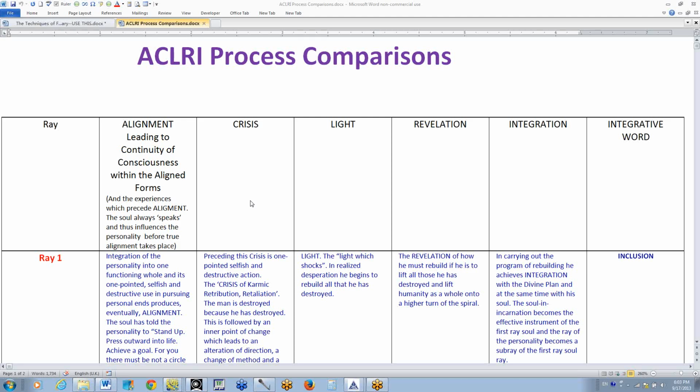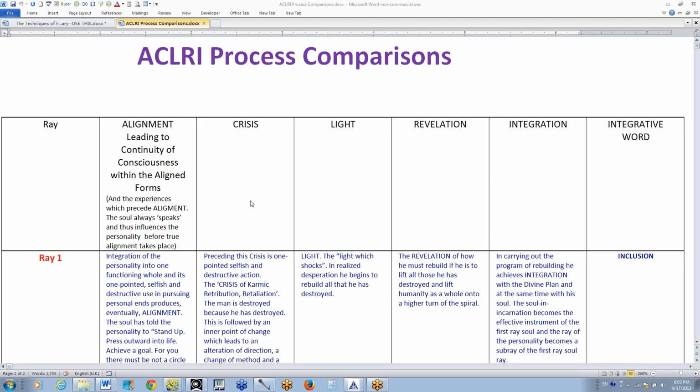It's different in some senses, but it almost always involves a centering within the consciousness of the aspirant, how the crises differ, how the different forms of light break forth, and what they're called.